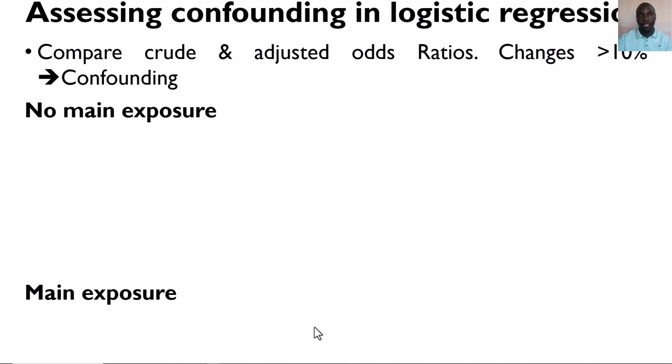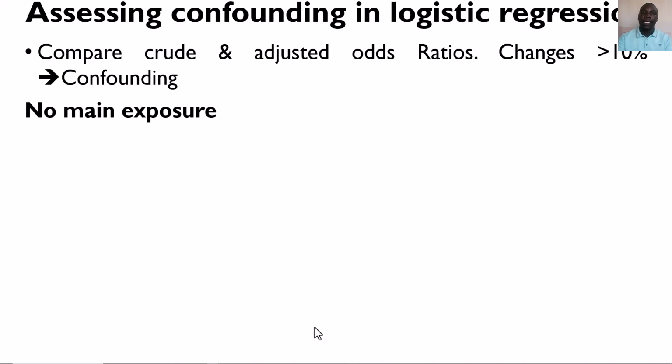When we say you do not have a main exposure, using our hypothetical data set, we are asking the question, what are the factors associated with hypertension? We do not have that particular variable where our focus is. But if we have a main exposure, we would be asking a question such as, is age associated with hypertension? So that our focus is age, but we have to adjust for the rest of the variables.